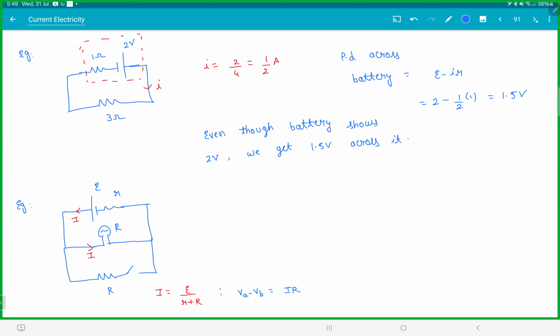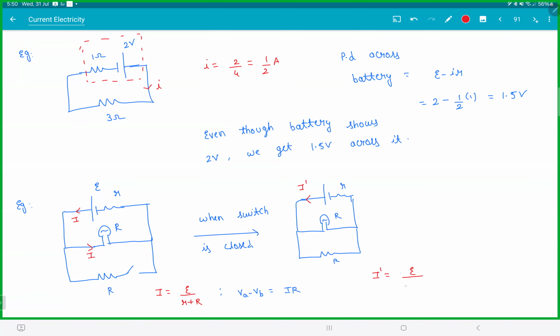Now, the moment you close the switch, both these resistors will become parallel. So this becomes R, this becomes R, this is small r. Now this gives you a different current I dash. Now I dash becomes E by R plus R by 2. So I dash increases.